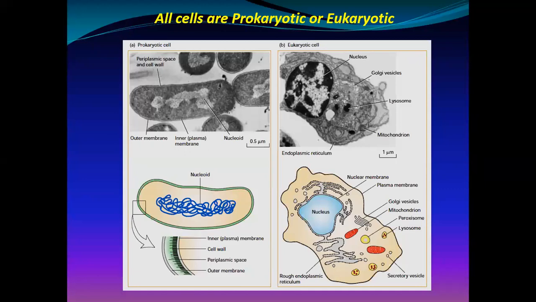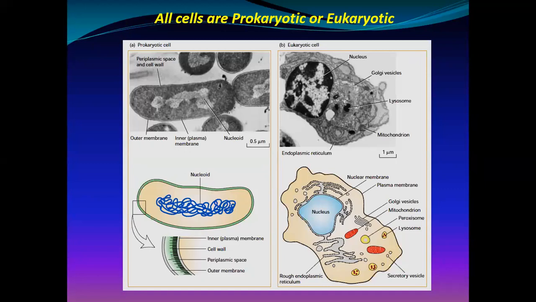The basic structure of a prokaryotic cell is different from the eukaryotic cell. The fundamental difference is that the DNA, the genetic material of the prokaryotic cell, is usually located in the cytoplasm. It doesn't have a membrane structure. That's what we call the nucleoid.